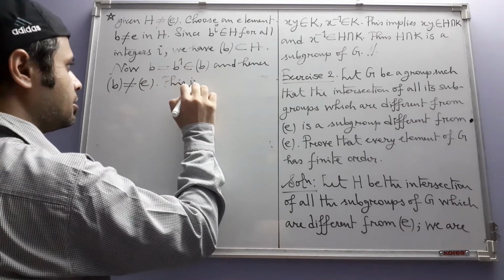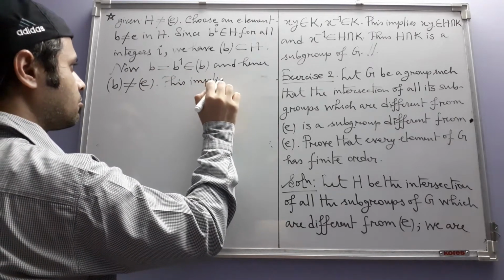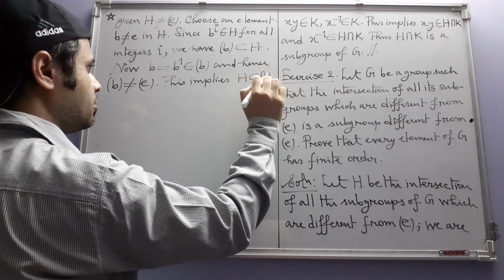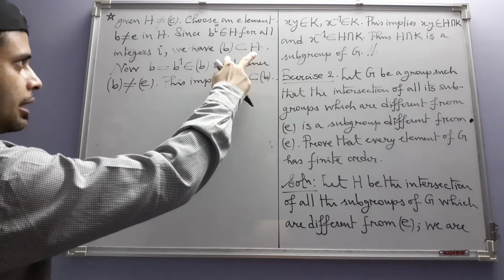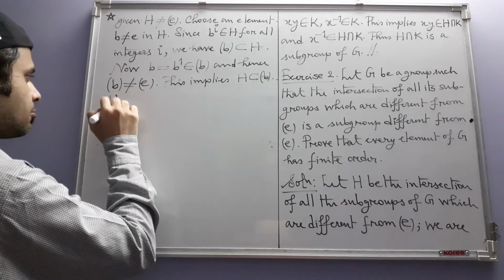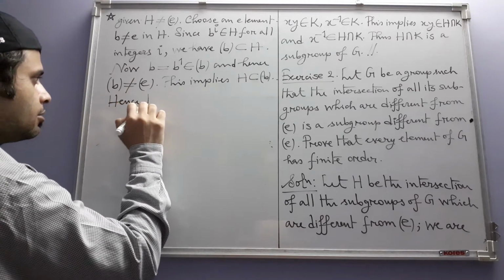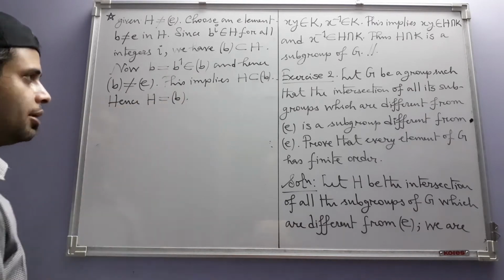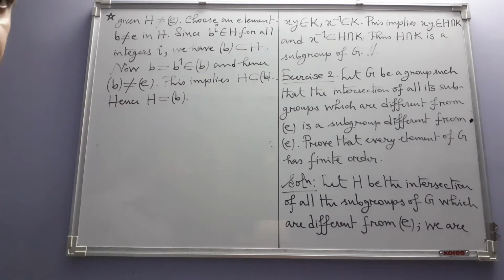This implies H is contained in this cyclic subgroup. Now we can combine these two containment relations. Hence, H is equal to the cyclic subgroup generated by b. Okay.